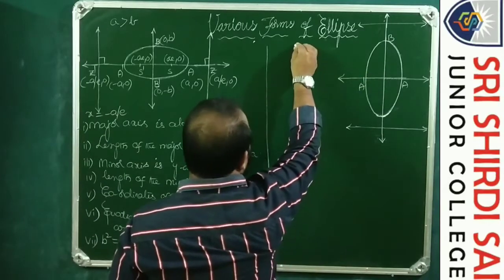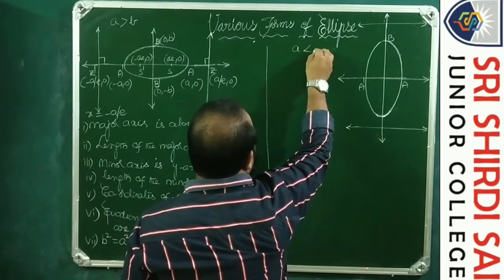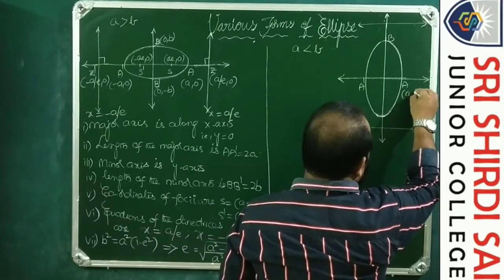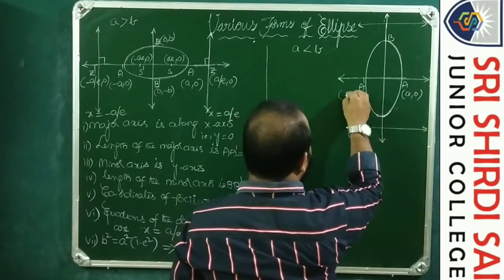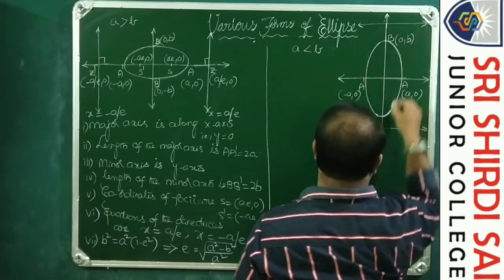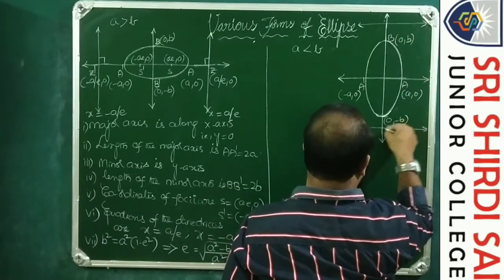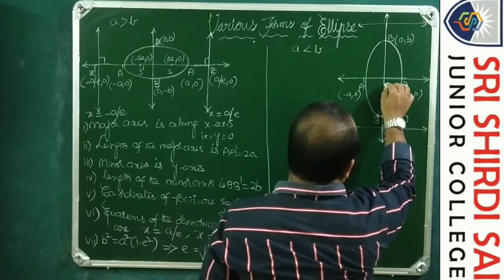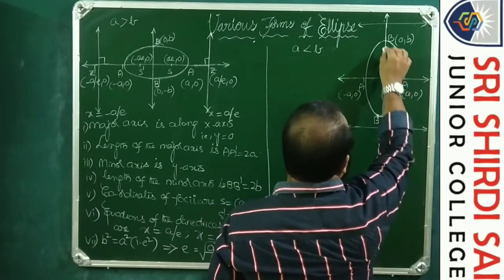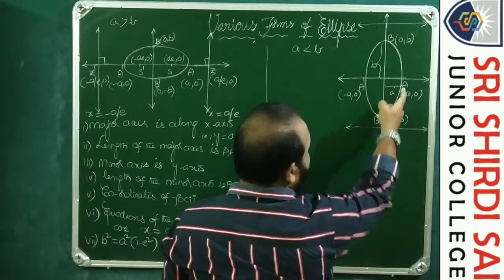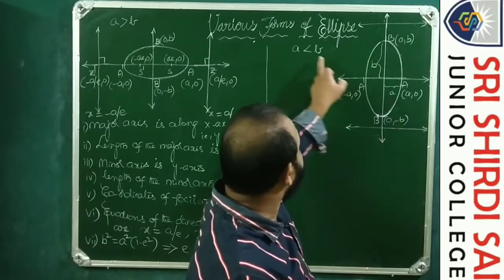Here A is less than B, because this is A comma 0, this is minus A comma 0, this is 0 comma B and this is 0 comma minus B. A is this much only, while B is greater than A. Otherwise, A is less than B.